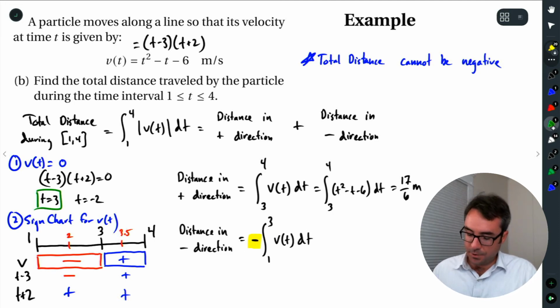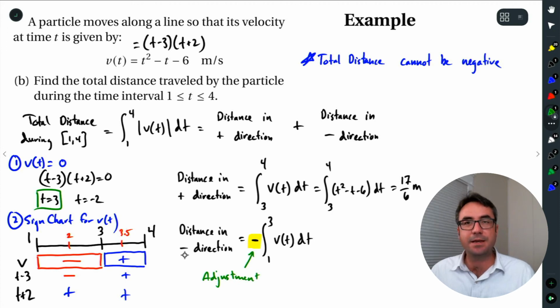This is the one adjustment that we have to make for our distance calculation: when we're traveling in the negative direction, we're still going to integrate our velocity function over the time interval where we are traveling in that negative direction, but now we need to make it negative, sort of like a double negative.